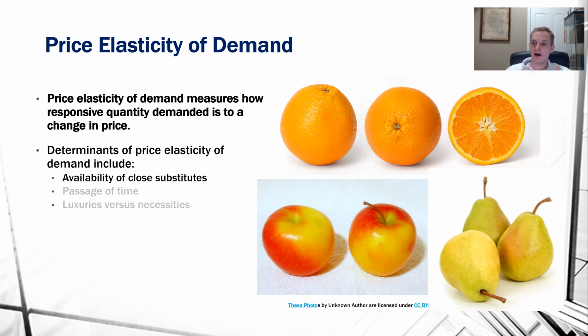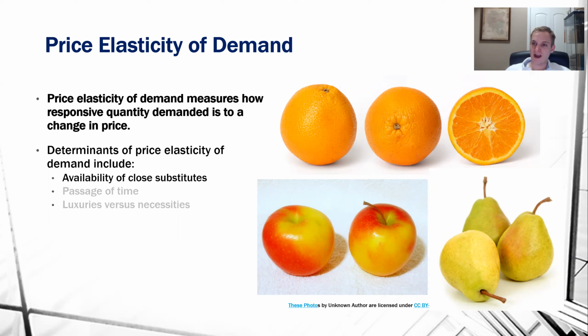For me, I would start to look at my available options. So pears, apples, how are those priced? Are those priced more favorably? I know that I would likely end up purchasing fewer oranges and instead buy apples or pears.